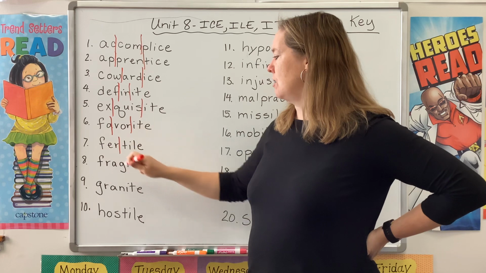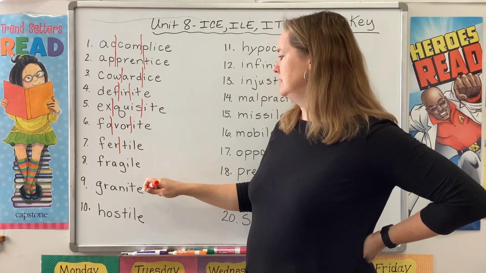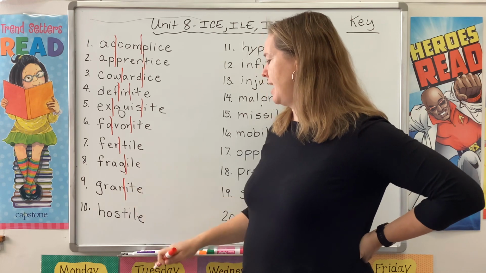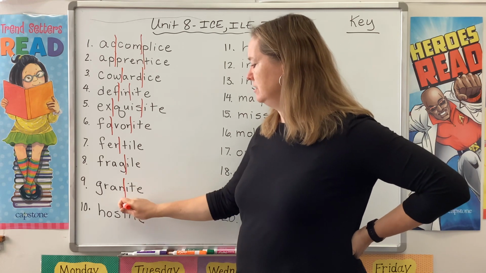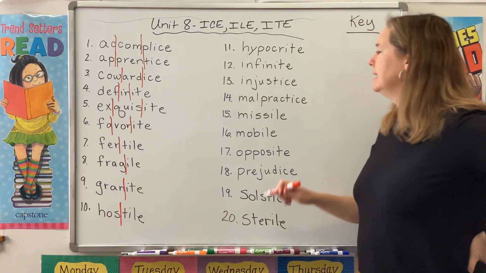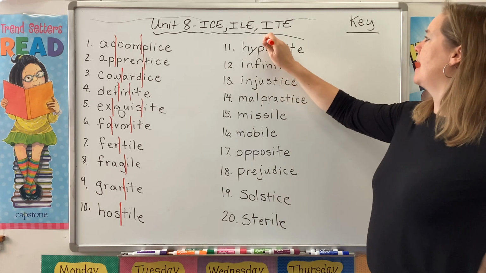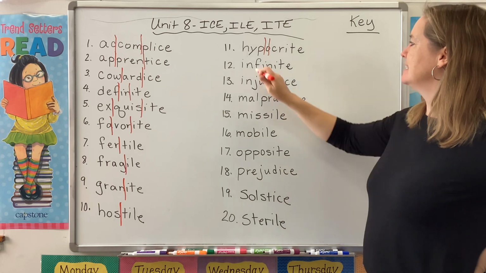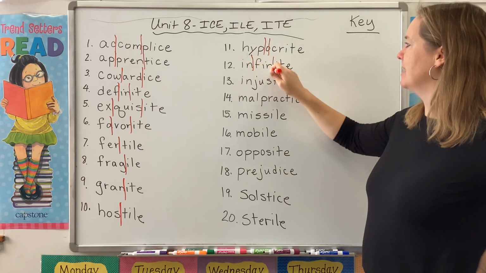Fertile, after the R. Fragile, after the G. Granite, after the N. Hostile, after the S. Hypocrite, after the P and after the O. Infinite, after the N and after the N again.